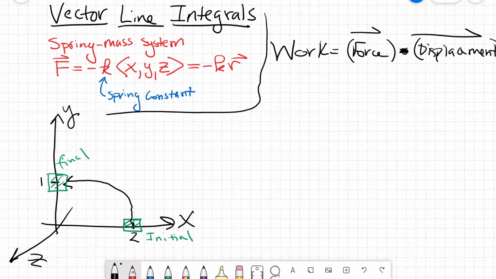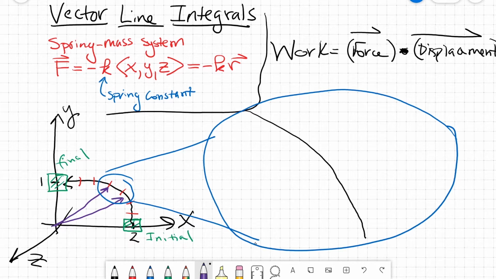Well, why don't we apply the trick of breaking up our trajectory into very small segments of motion. Let's also consider position vectors, one that points at the initial point of one of these small segments, and another that points at the end of one of these small segments. Let's now zoom in into one of these small segments. And let's also take a look at our force vector as we move along this small trajectory.